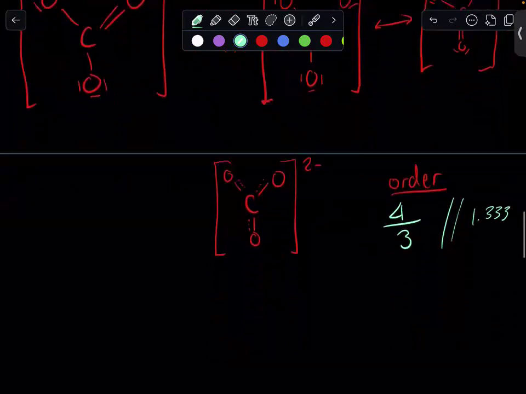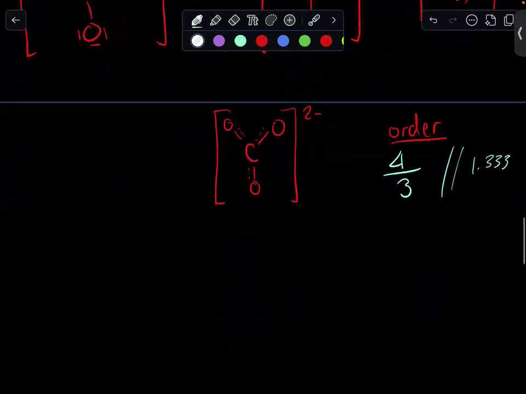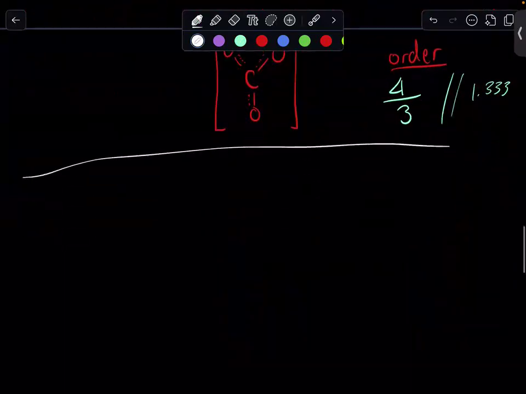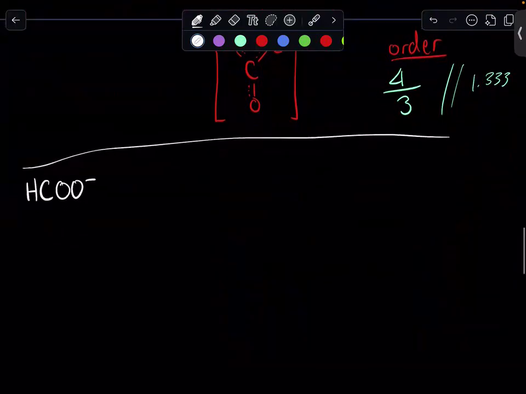This is all there is to resonance structures. We're going to do one more example. If you want to stick around for this example, cool. If you want to leave, you're fine to go. So this is our last one, HCOO minus. This is the conjugate base of formic acid. So go ahead and first try and draw this.